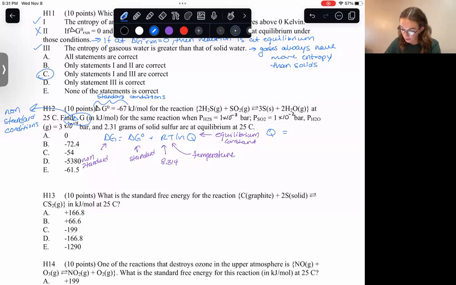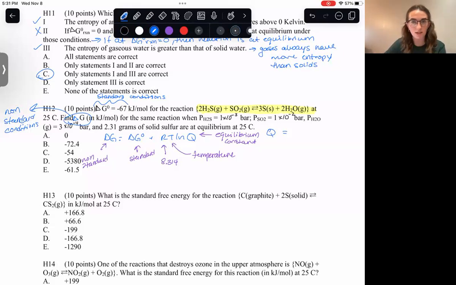Yep, we are. Okay, so looking at our reaction in yellow, what's going to go on top based off of the values we're given in the question? Yep, it's still going to be products over reactants.